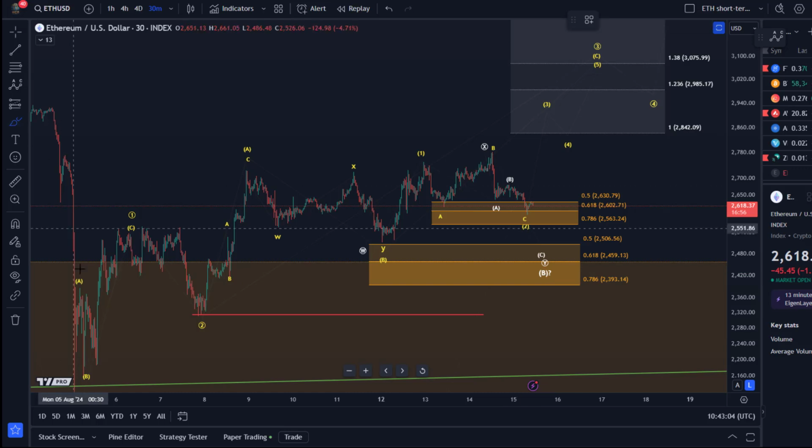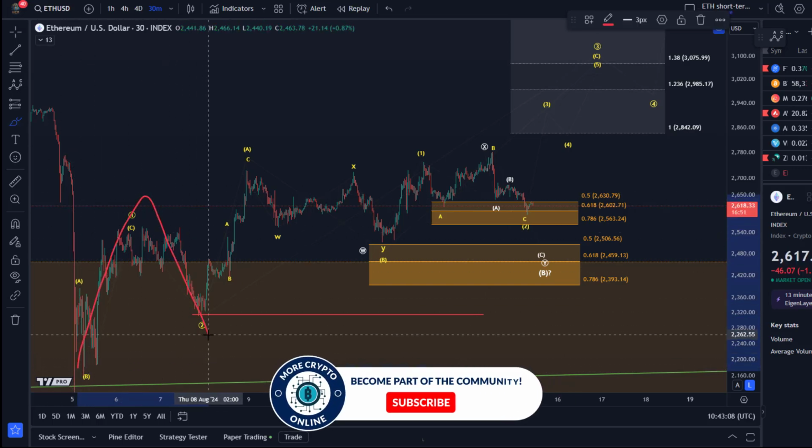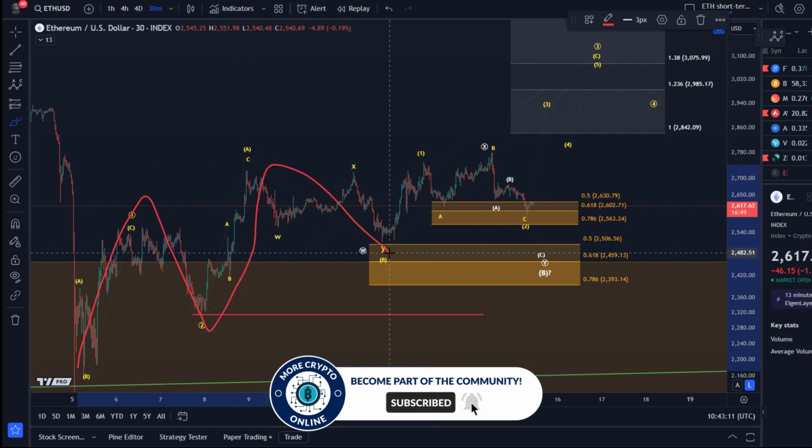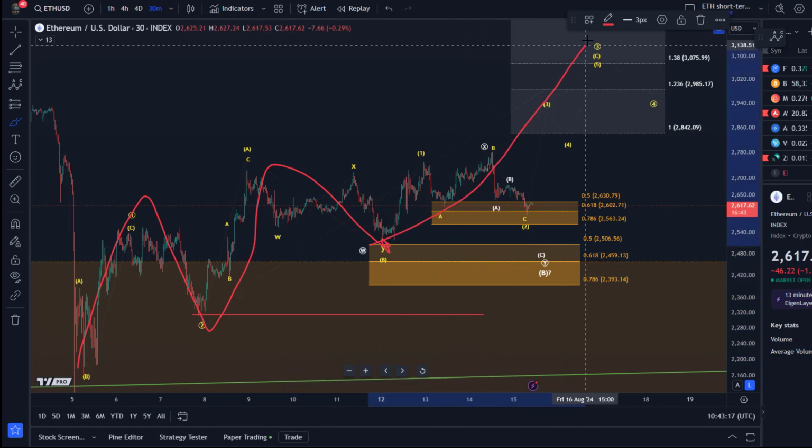Quick explanation: in the yellow wave count, we had a wave 1 to the upside, a wave 2 pullback. I call this an A-B structure, where the B wave found support in the lower support range. And we could be in our C wave now. It could be an impulse, but then it would need to give us an impulsive third wave. It could also be a diagonal itself, which makes it more difficult.